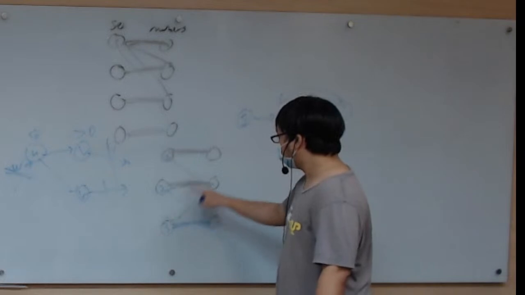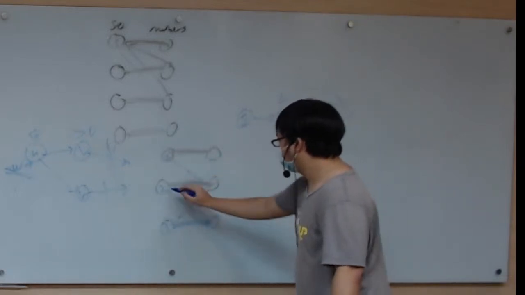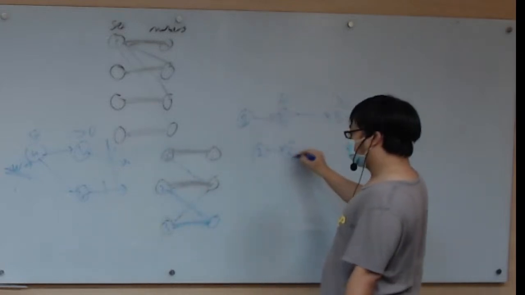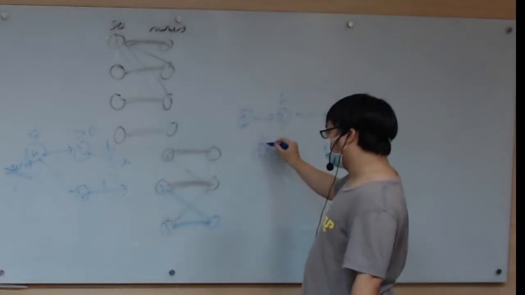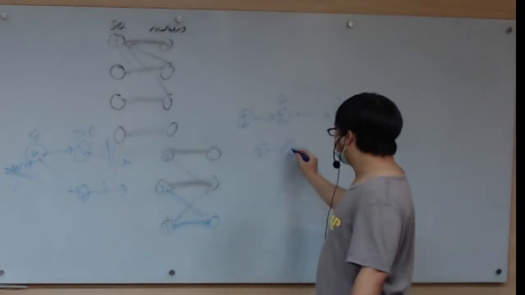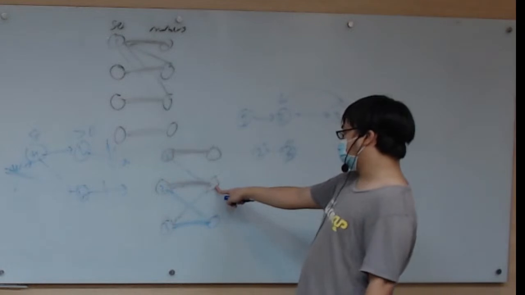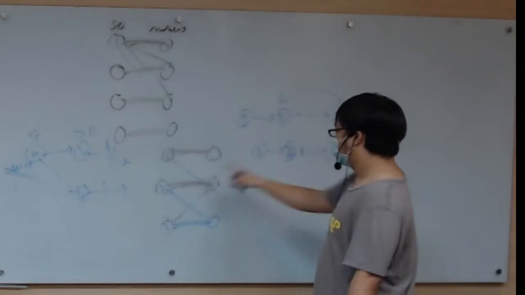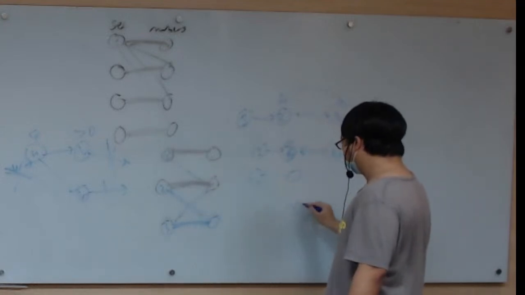Right. So if you take this, then it becomes 1 to 2. This edge means there's an edge from 1 to 3, sorry. And then this edge is 2 to 3. Yeah? Okay, let me draw this. It's confusing.